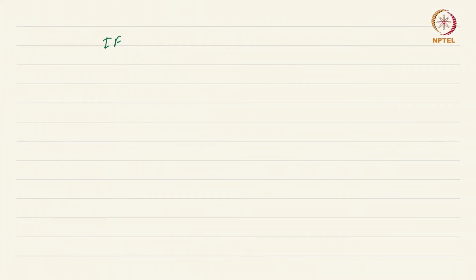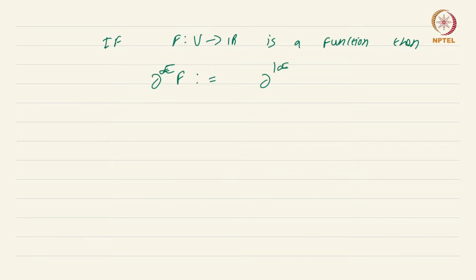If f from U to R is a function, then we define del alpha f, the alpha partial derivative of f, to be nothing but del mod alpha f by del x1 to the alpha 1 ... del xn to the alpha n.